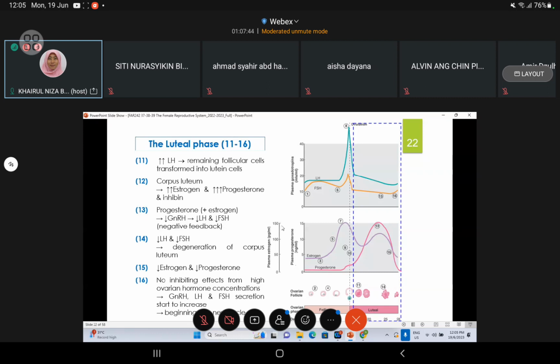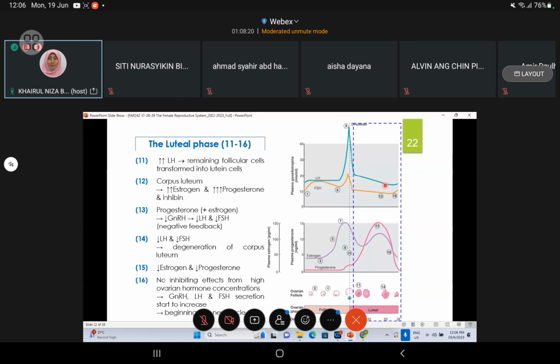So let's take a look at the step-by-step process. We have the LH, number 11. A very high level of LH means that the remaining follicular cells after ovulation are transformed into lutein cells. At point number 12, we have the formation of the corpus luteum, which secretes a lot of estrogen as well as a lot of progesterone.